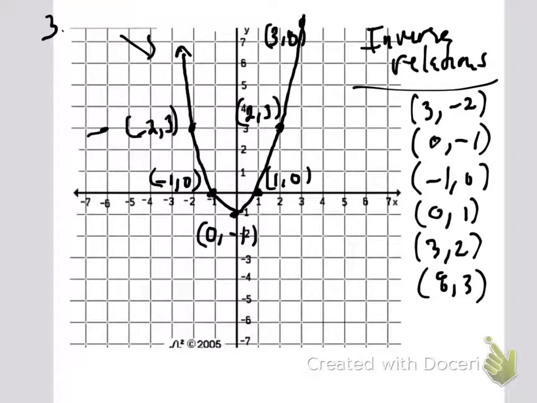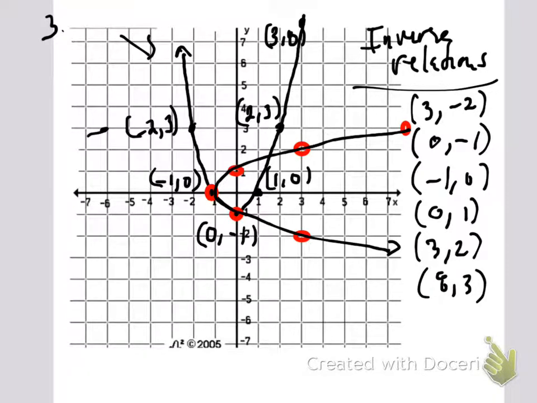So 3, negative 2. 0, negative 1. Negative 1, 0. 0, 1, 3, 2. And 8, 3. So I want to graph these and connect.